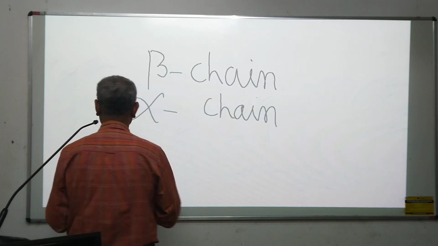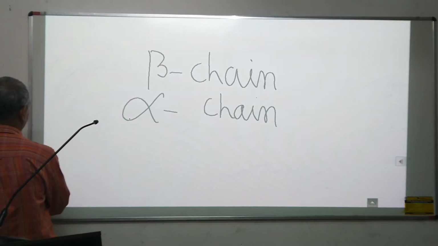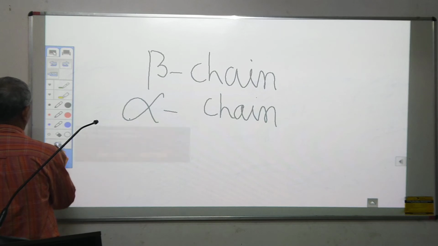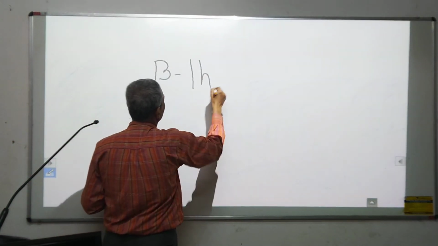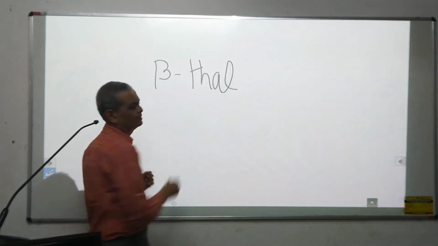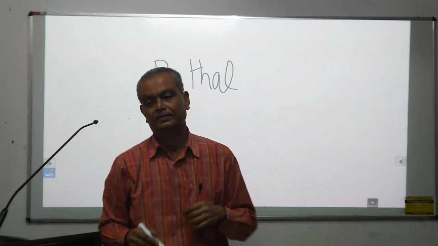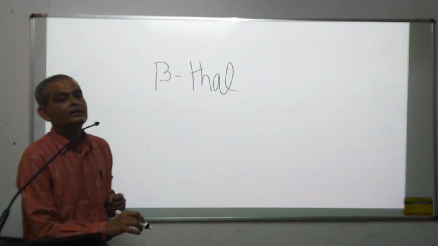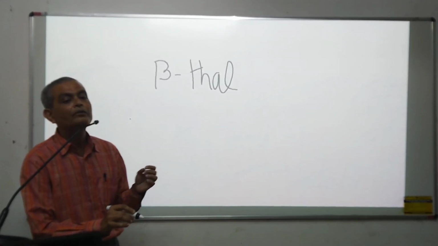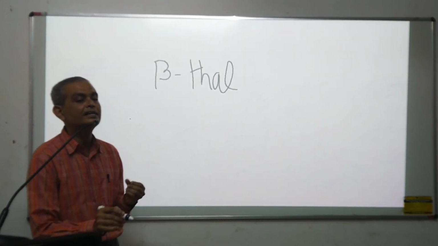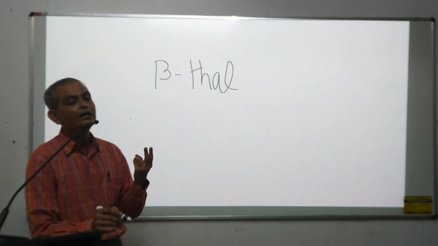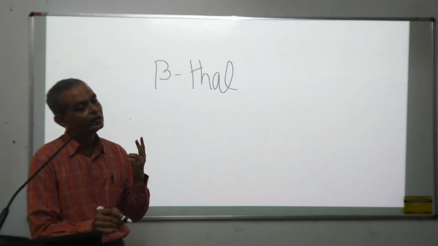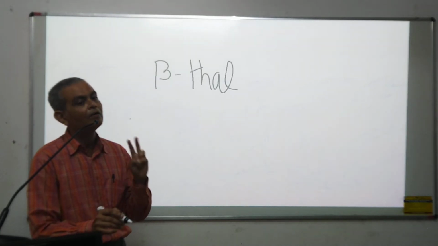So think about beta thalassemia. We have already discussed that it occurs as a result of mutation in the beta gene. There are 2 beta genes in each cell, so a pair of beta genes.